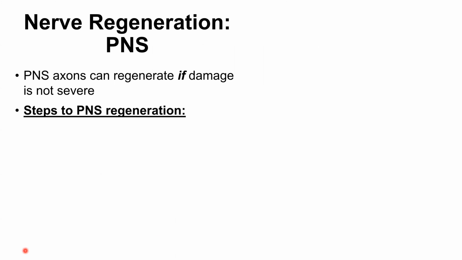So even though we can't regenerate nerves in the central nervous system, it is possible to regenerate nerves in the peripheral nervous system, but only if damage is not severe. And so in terms of peripheral nervous system regeneration, the following steps are taken.